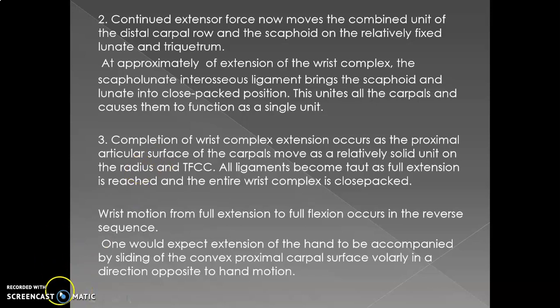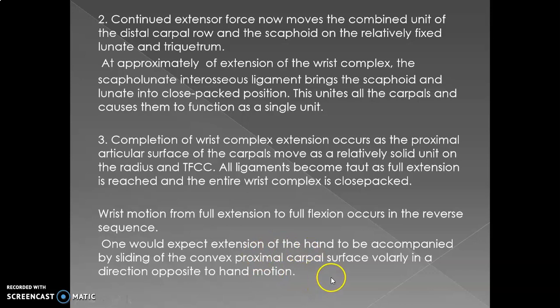So, one would expect extension of the hand to be accompanied by sliding of the convex proximal carpal surface volarly, that is anteriorly, in a direction opposite to the hand motion.